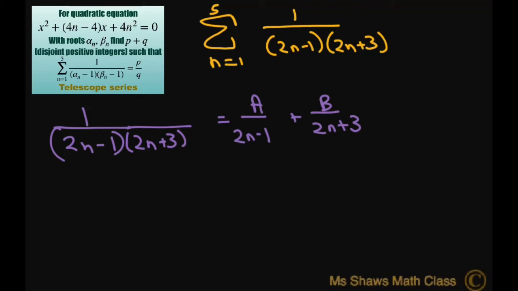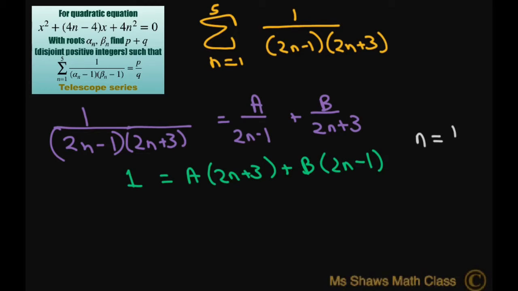Now, clearing the fractions, we get 1 equals a times (2n plus 3) plus b times (2n minus 1). So if we let n equal 1/2, this b is going to zero out. We're going to get 1 equals, when you substitute in 1/2 here, you're going to get 4a.